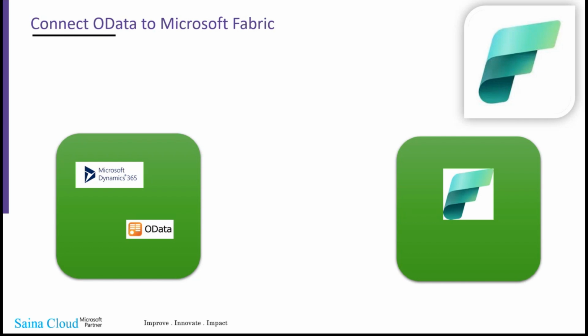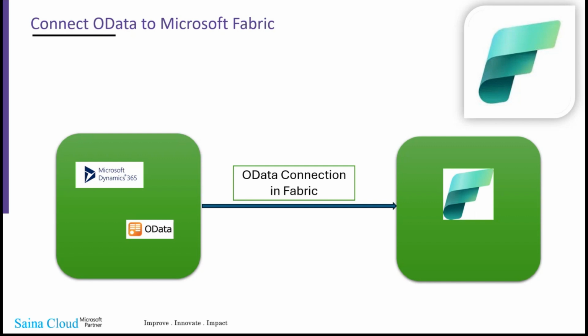That means we want to integrate all the tables in Fabric so that we are able to access those tables. For that we are using an OData connection in Fabric. Using that, we integrate and get all the entities in Fabric.